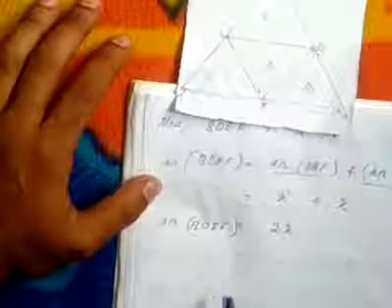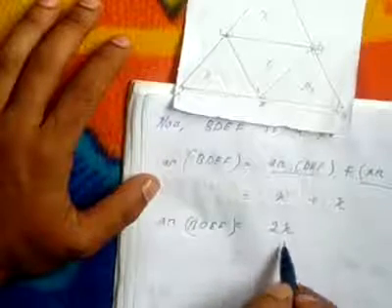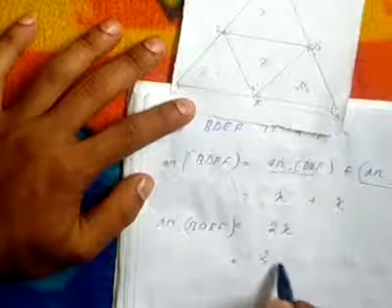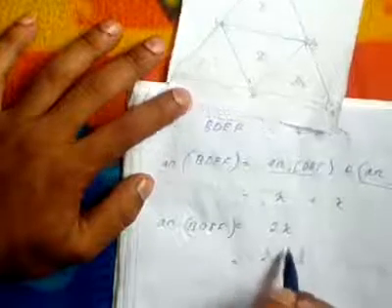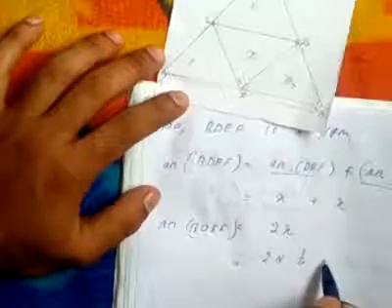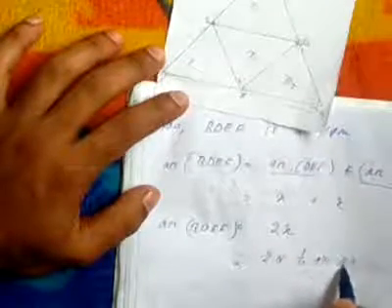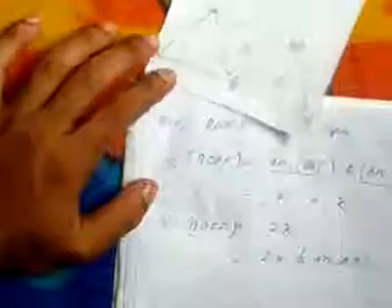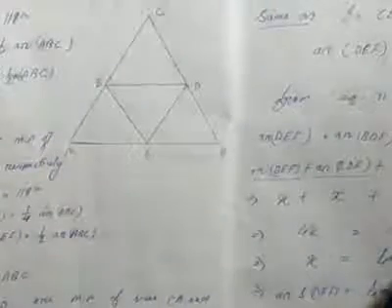Okay, so in place of x we can write 2 into 1/4. We just proved that the value of x is equal to 1/4 of the area of ABC, isn't it?